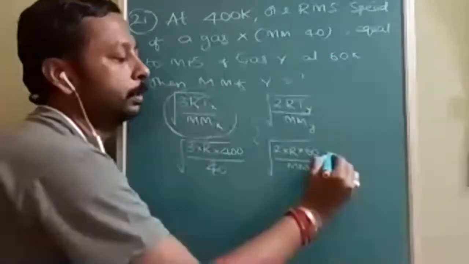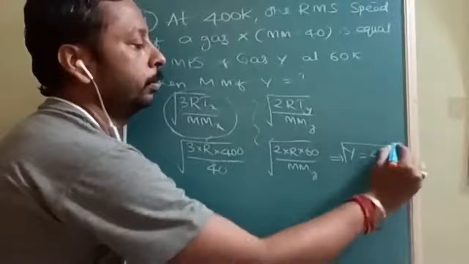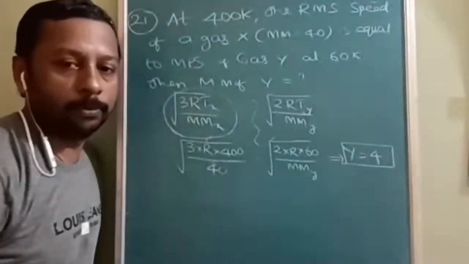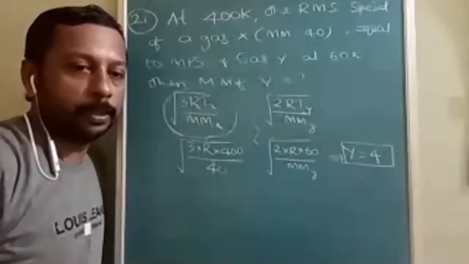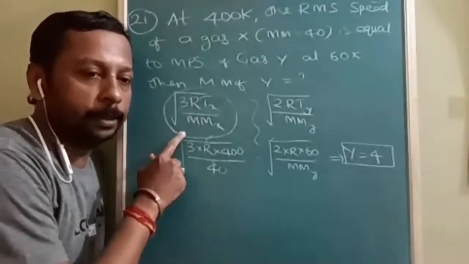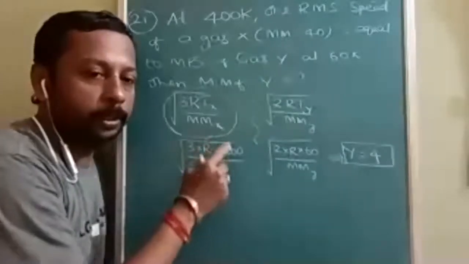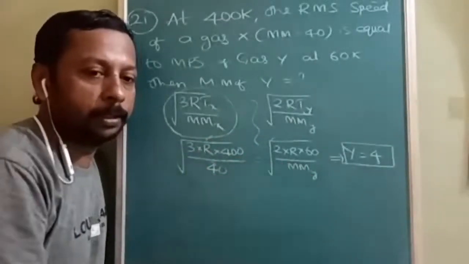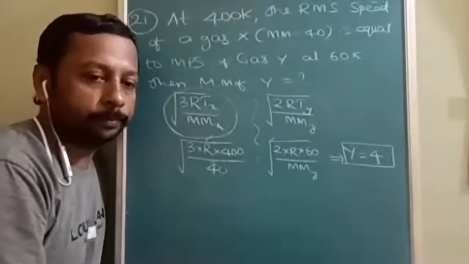On simplifying, you will get the molecular mass of Y as 4. So this is the answer for this question. Is it understood? The RMS speed and most probable speed formulas are equated, and then the molecular mass of Y is calculated. Okay, let's go to the next question.